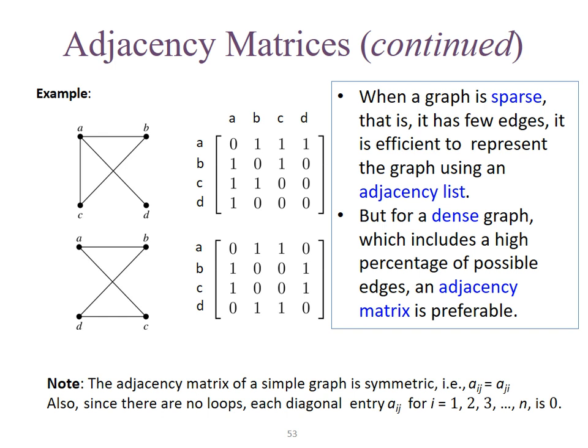So in this case, if we don't have many edges, then maybe we can use the adjacency list because it's not efficient to develop a very large n-by-n matrix with a lot of zeros. So once we have a lot of zeros, it's more efficient to apply the adjacency list.